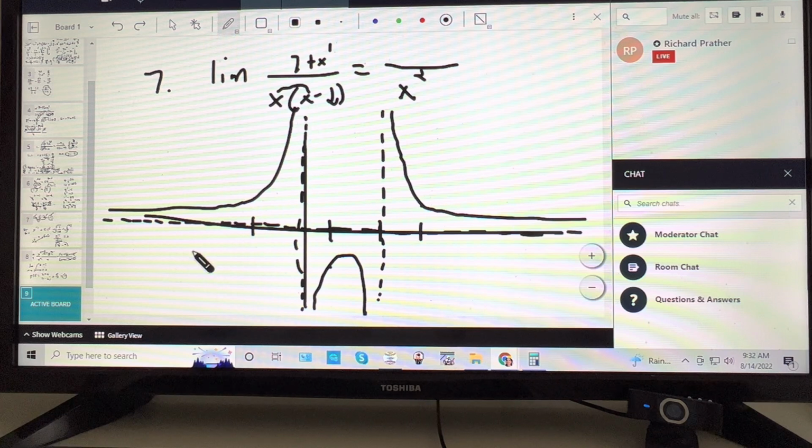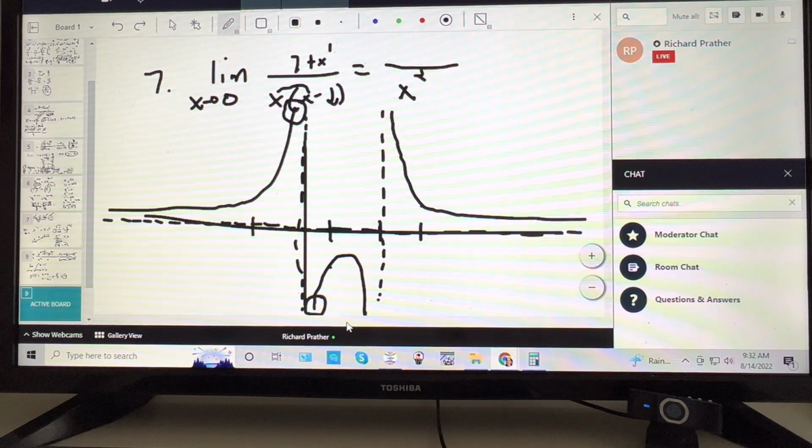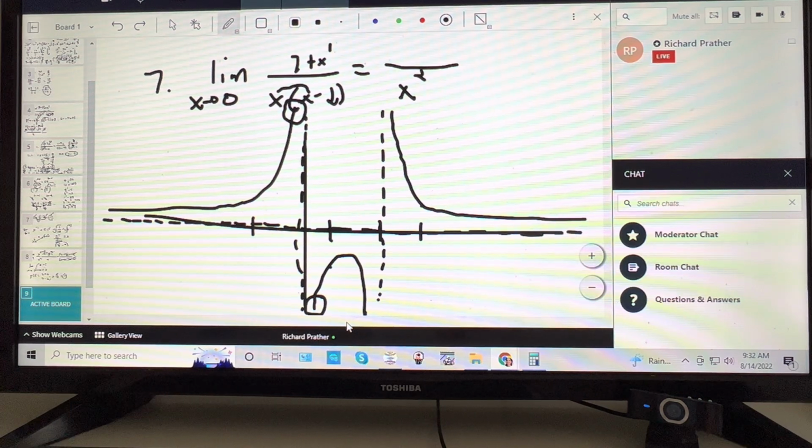So the limit as x approaches 0, on the left side it's going up to infinity, and on the right side it's going down to -infinity. So that's where the limit doesn't exist. It doesn't even equal. Sometimes if they both go up to infinity, they'll say that the limit is infinity, even though that technically still doesn't exist.